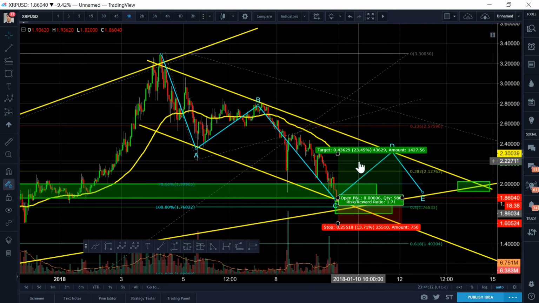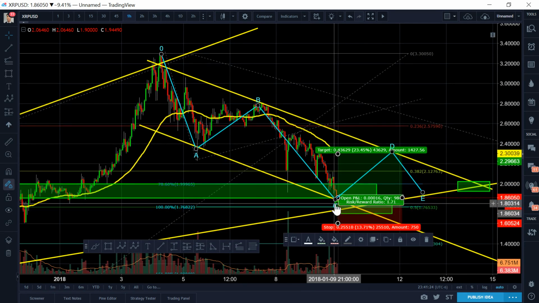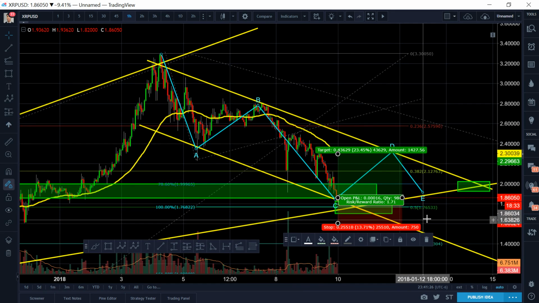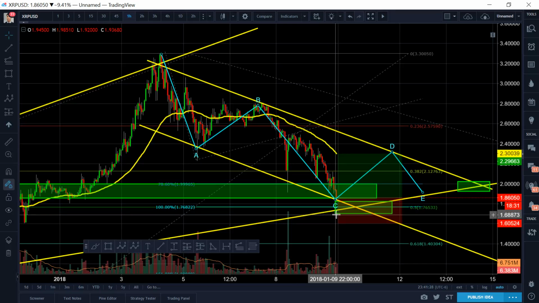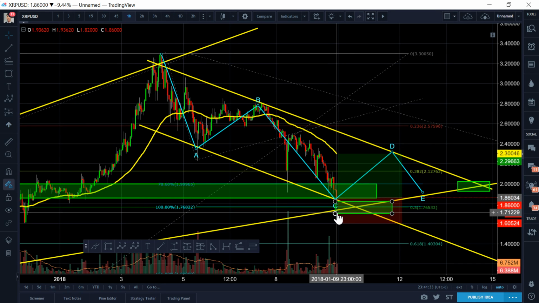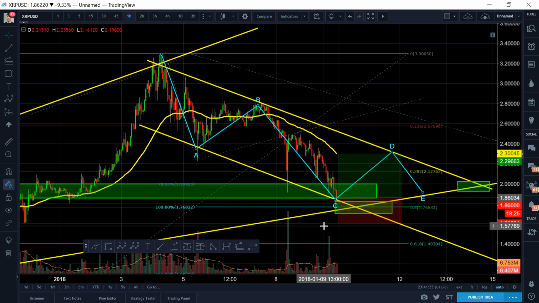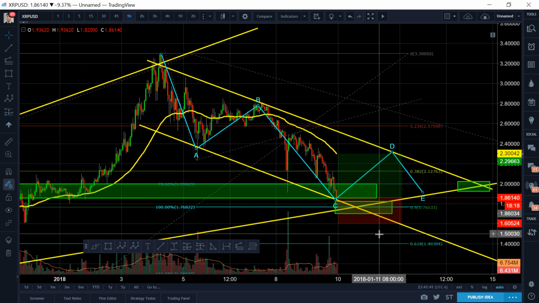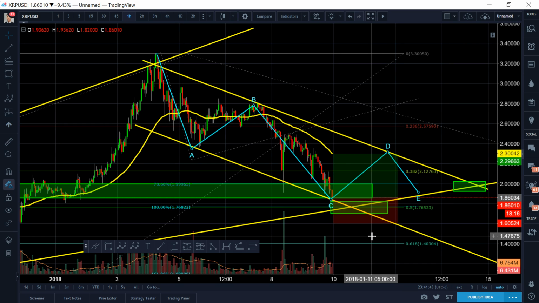So my play will be this. I will start accumulating between now and $1.80, okay? And if it goes down to $1.70 and I am finding support, then I will double up. I will literally double up on what I have. So I will buy my, say, 10K Ripple now.